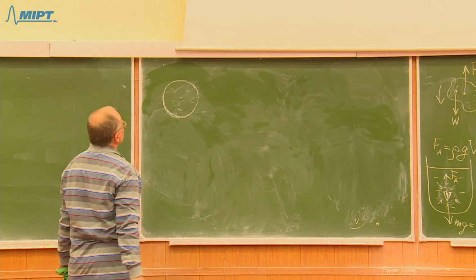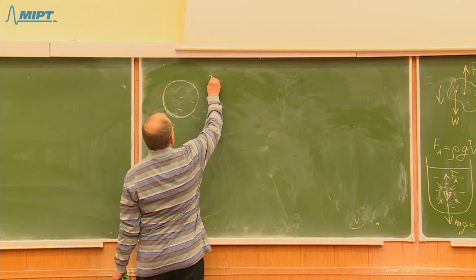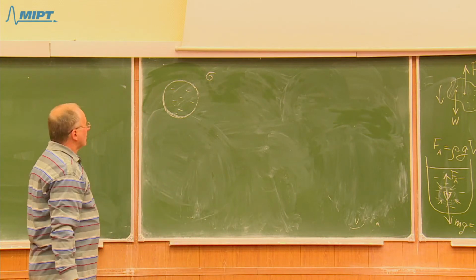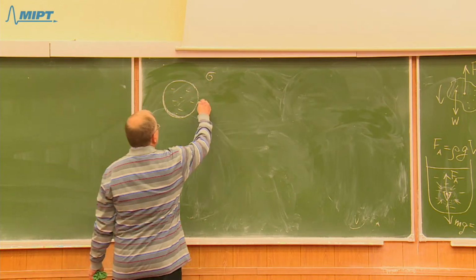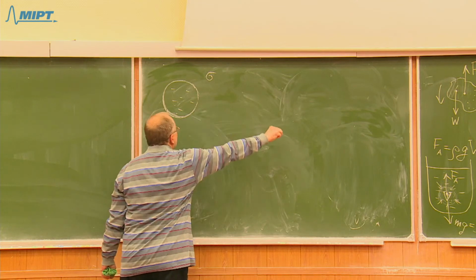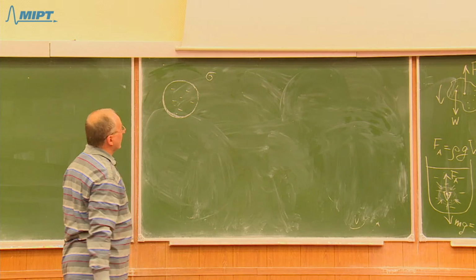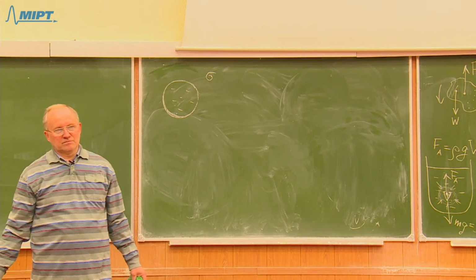There is a surface tension, which is the surface energy, which means that if I want to take a molecule out of here and pull it away from this liquid, I have to perform some work.